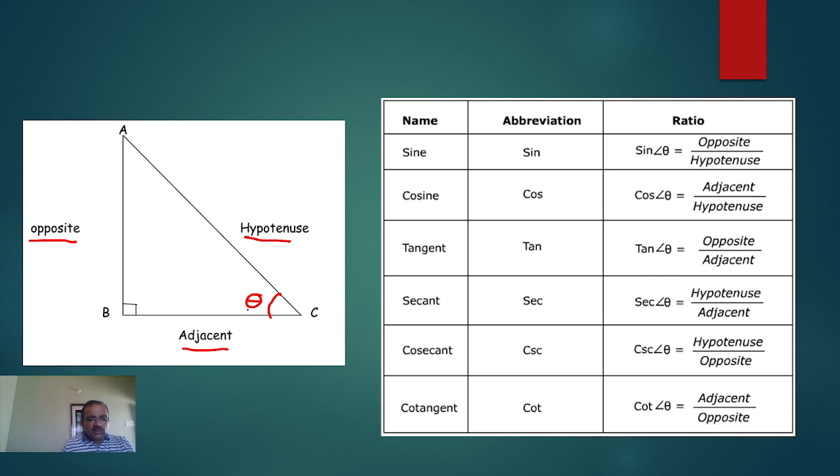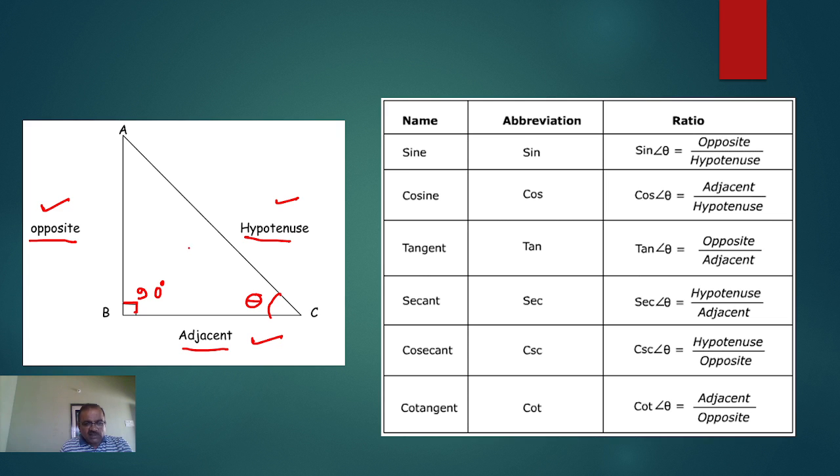The 90 degree angle is fixed, and the hypotenuse is also fixed. The adjacent and opposite sides change depending upon theta.